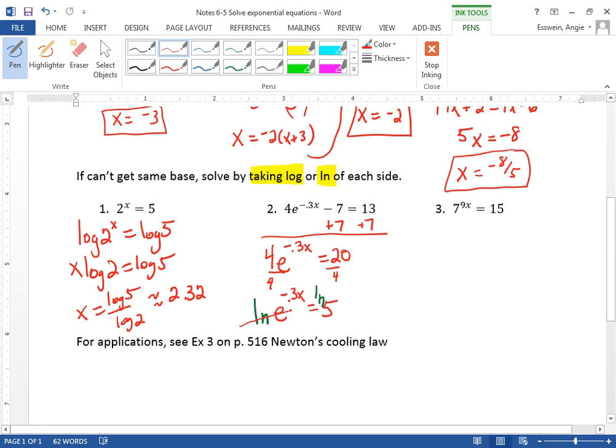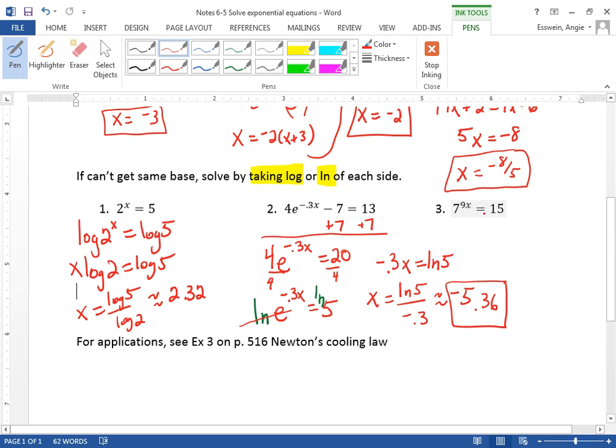So this cancels out and you get negative 0.3x. Does anything cancel out here? No, it's just natural log of 5, and there's a button on your calculator that will get that number for you. And then you simply divide by negative 0.3, which is also a constant. That's very doable on your calculator. You take the natural log of 5, be sure you hit enter, and then divide by negative 0.3, and you'll get negative 5.36 for that.